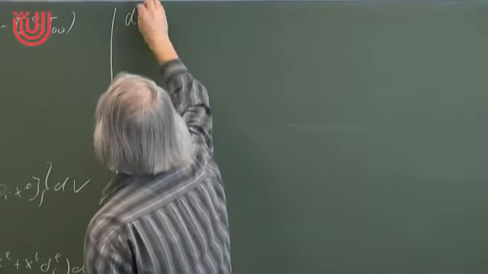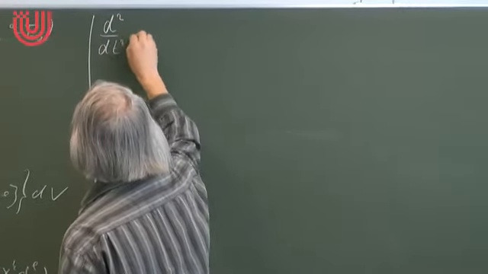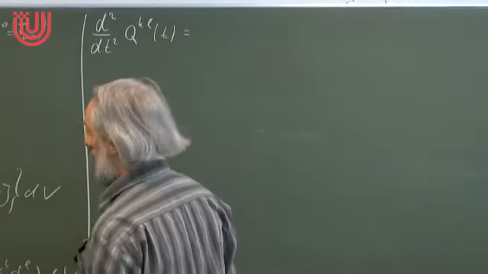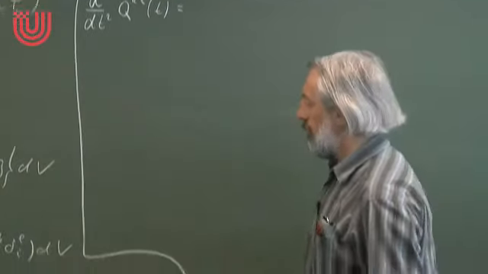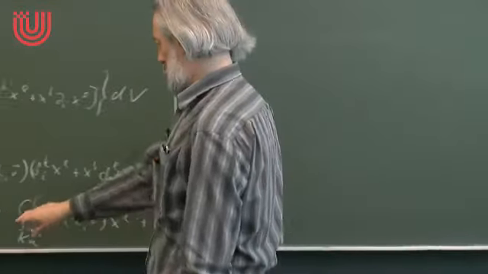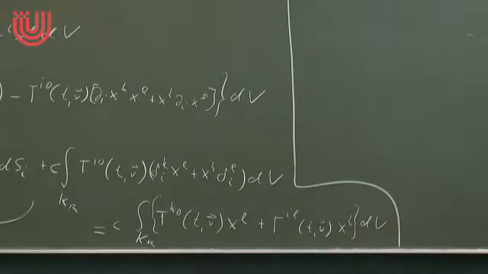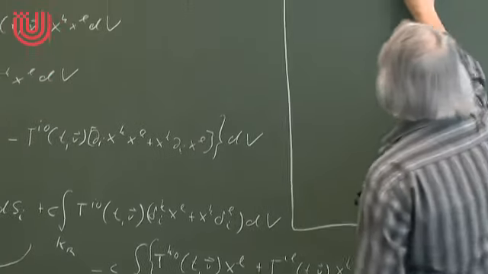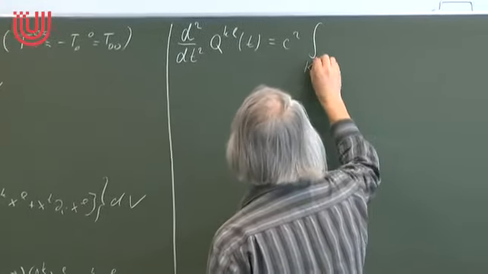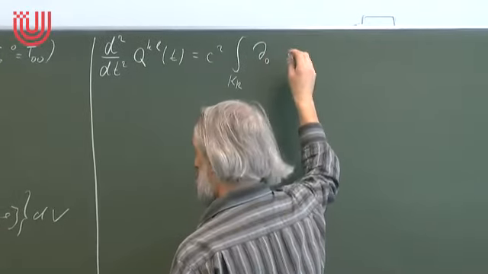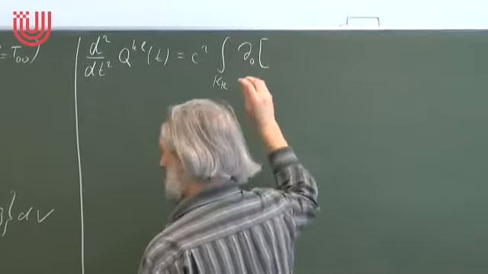So I get the second derivative of q_kl(t). So I have to differentiate this another time. So I have another time to multiply with c and to apply the derivative d by dx^0 under the integral. So I get c squared integral over K_R of d by dx^0 of the whole expression.